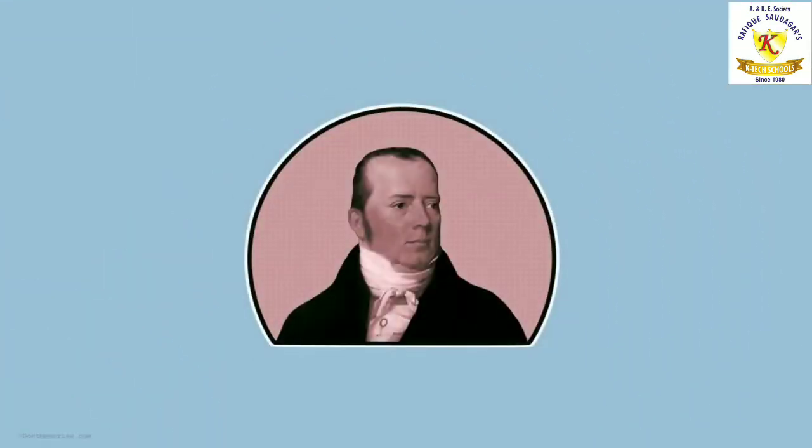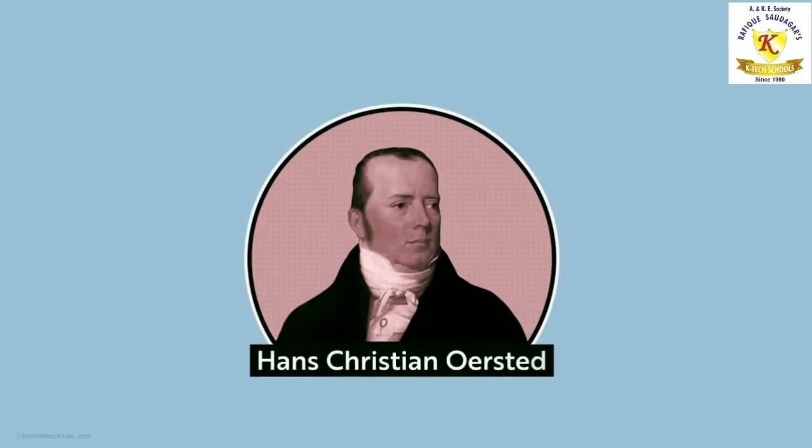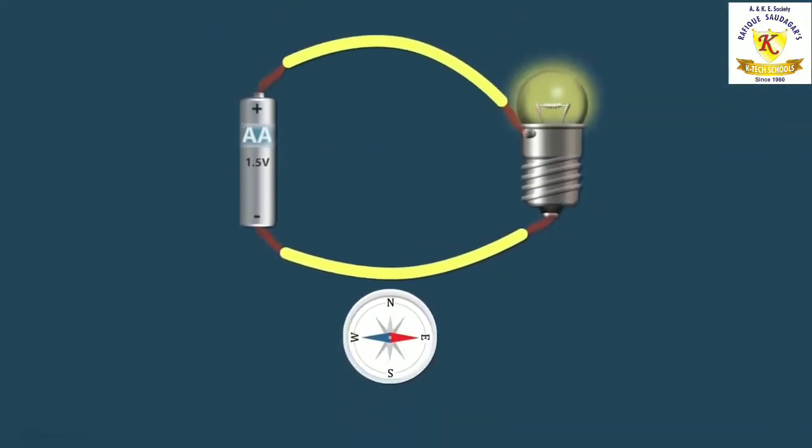In 1819, there was a scientist named Hans Christian Ørsted. He found out that if you keep a compass near a current carrying wire, then the compass needle deflects to some extent.